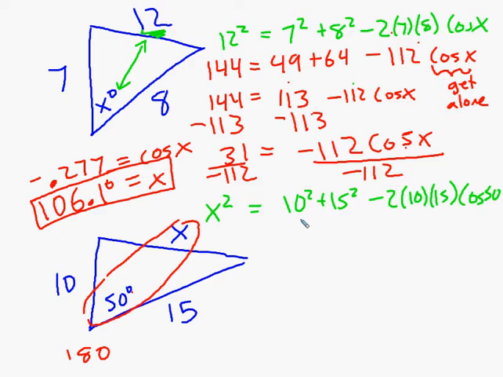All right, back here. This next one, we'll go ahead and solve that. Follow the order of operations. 10 squared is 100. 15 squared is 225.